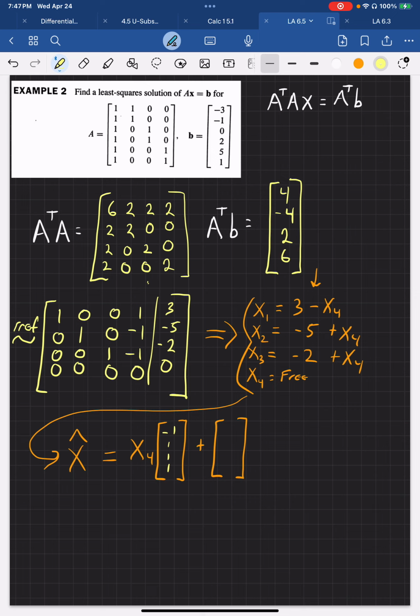All of them will take on that form. And then those constants would make up that last column. It almost resembles y equals mx plus b, doesn't it?